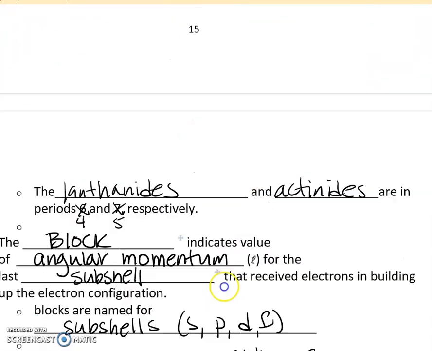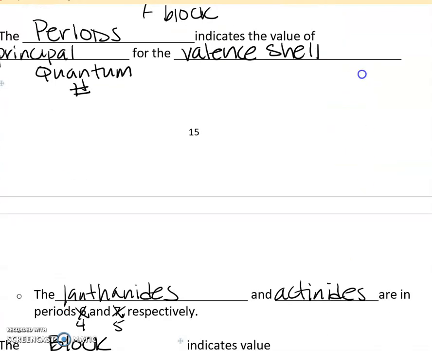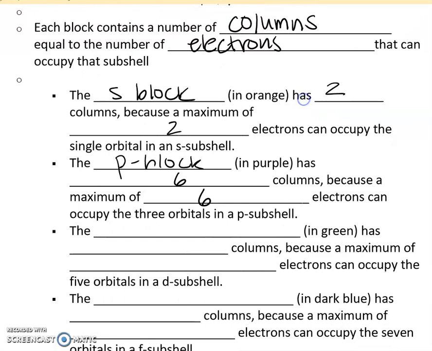So let's go back to this picture so I can show you. s has a maximum of 1, 2, so it can only hold 2 electrons. p can have 1, 2, 3, 4, 5, 6. So there are 6 columns, so 6 electrons.